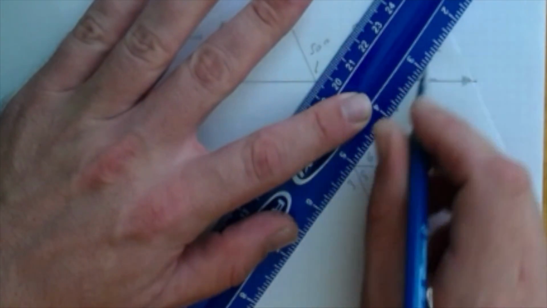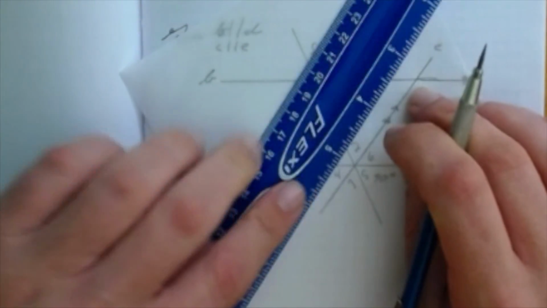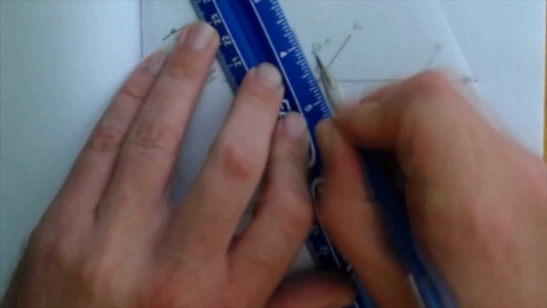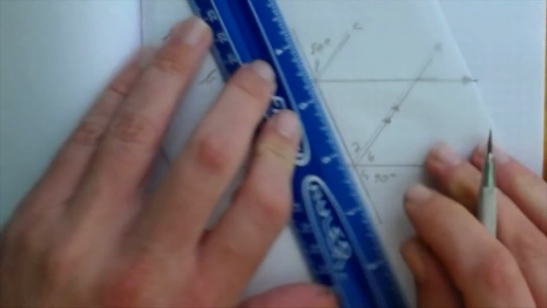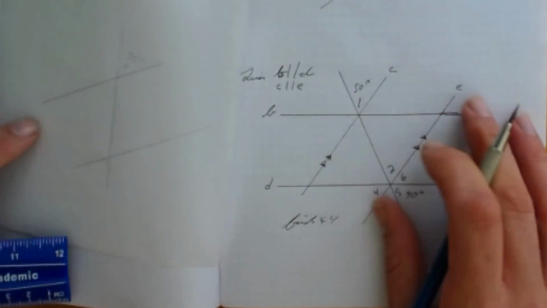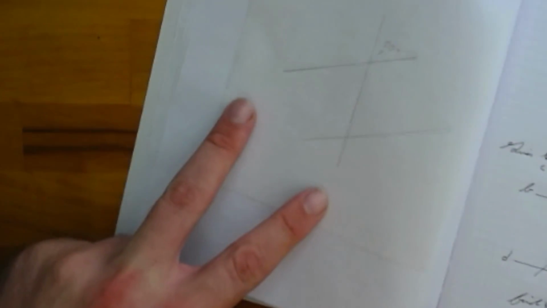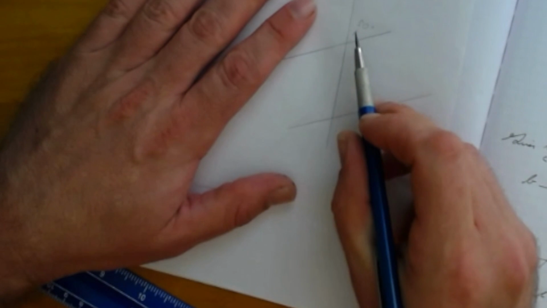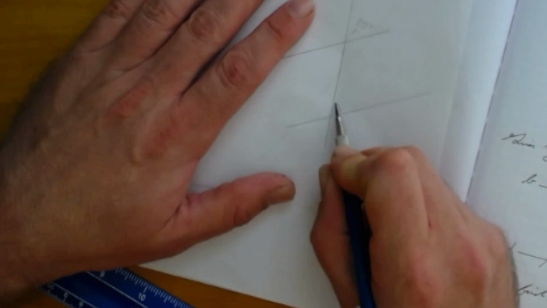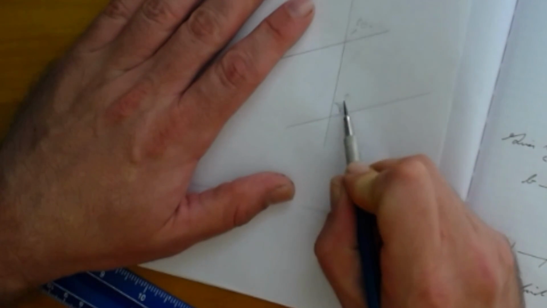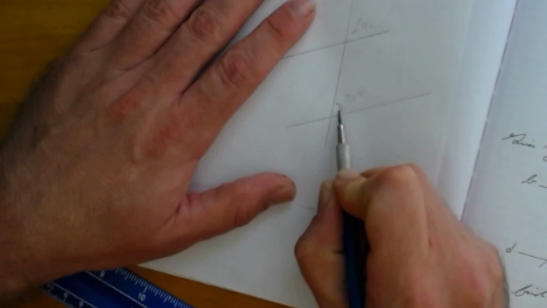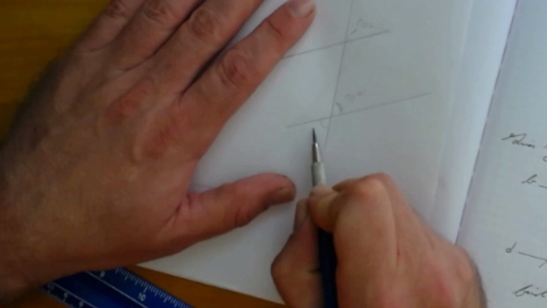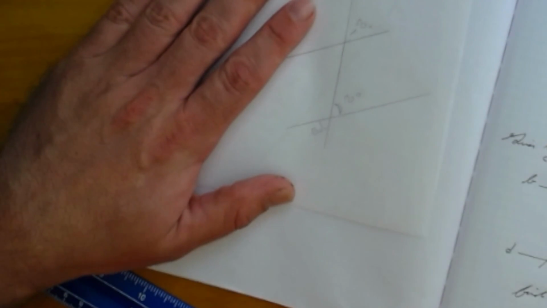I'm going to trace those parallel lines and the transversal, and put that 50 degrees for angle 1 in place. In this clearer picture, I know that this angle and this angle are corresponding, so those are 50 degrees. And these two angles are vertical angles, so those are 50 degrees.